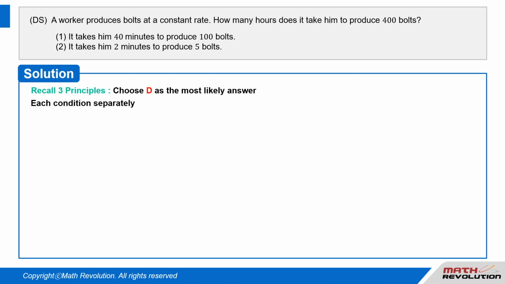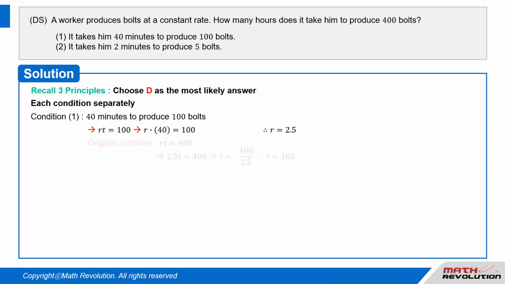Let's take a look at each condition. Condition 1 tells us that it takes him 40 minutes to produce 100 bolts. That is, R times T equals 100, or R times 40 equals 100. Or R equals 100 over 40, which equals 2.5.